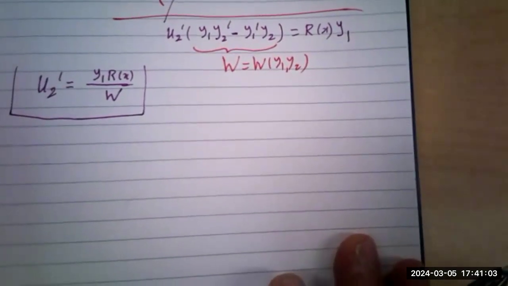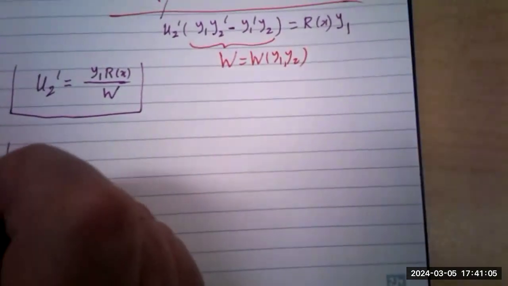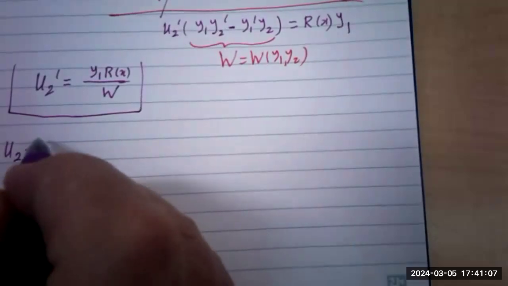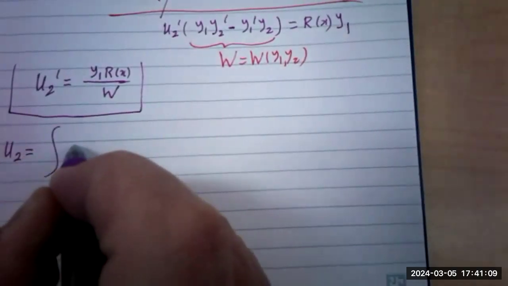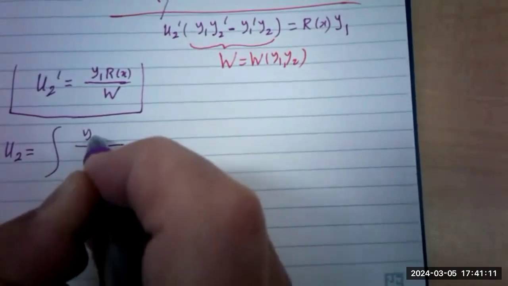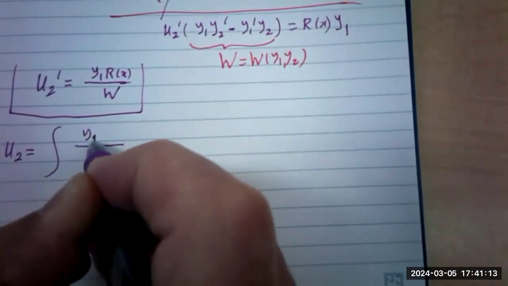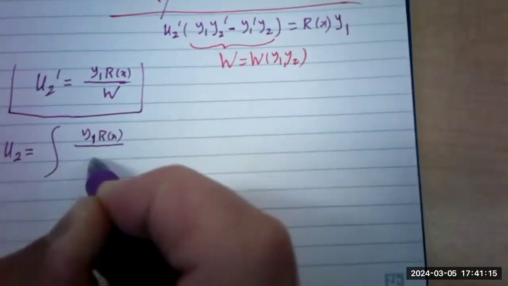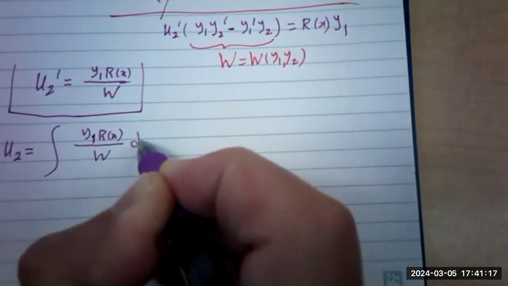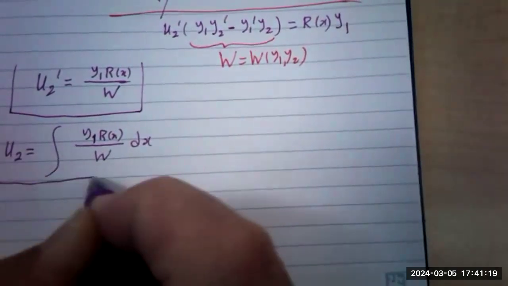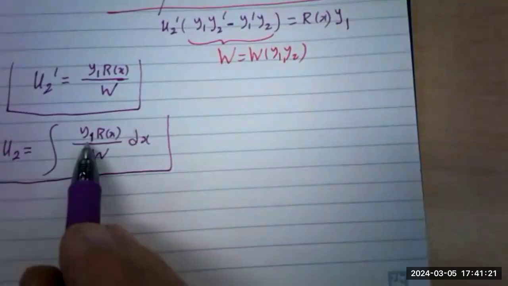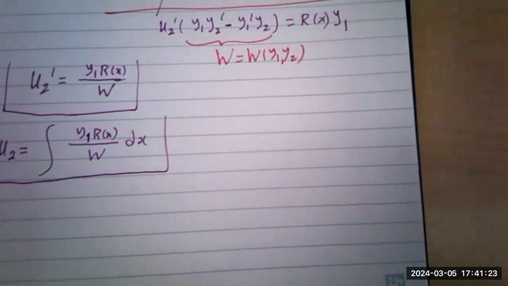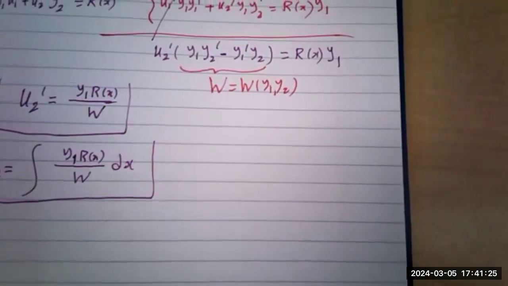So integrate it. So u2 would be the integral of, easy formula to remember, y1 r of x divided by the Wronskian dx. Remember, y1 is your solution of the homogeneous part.